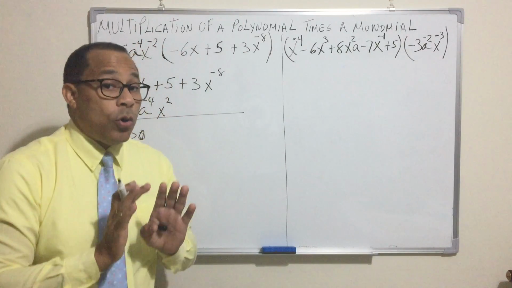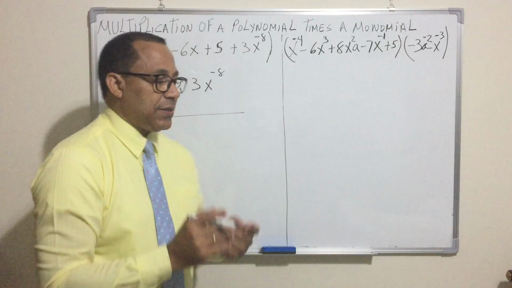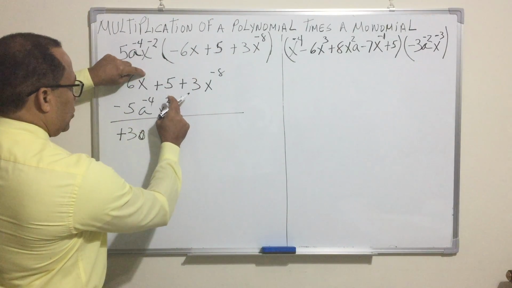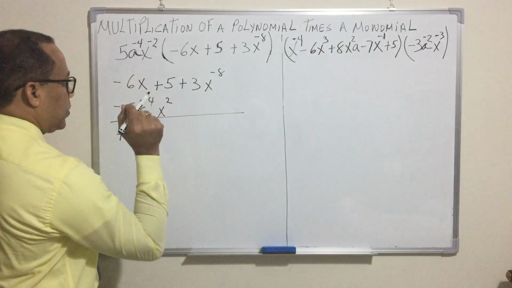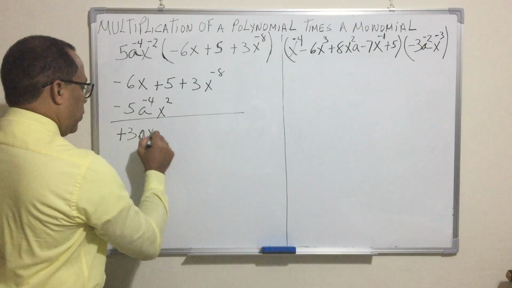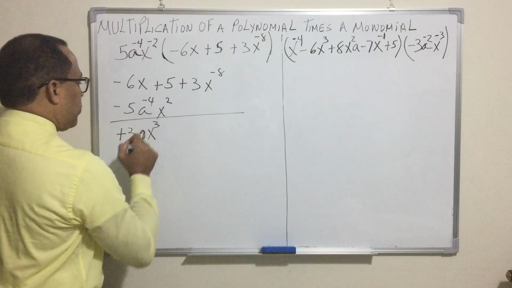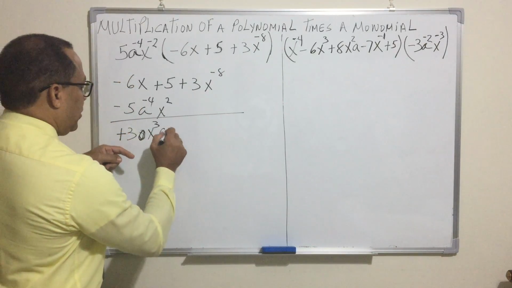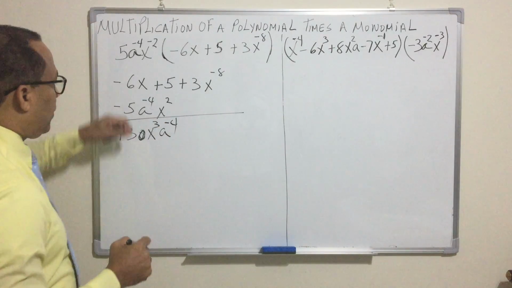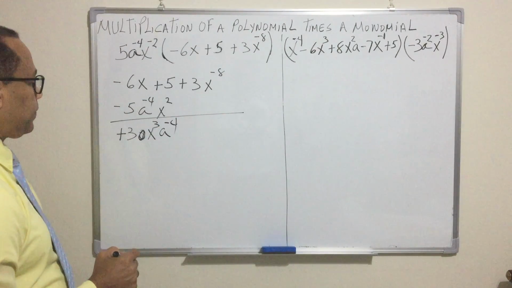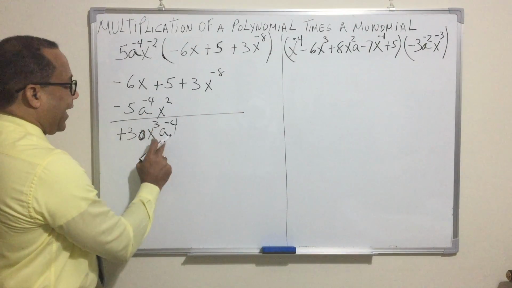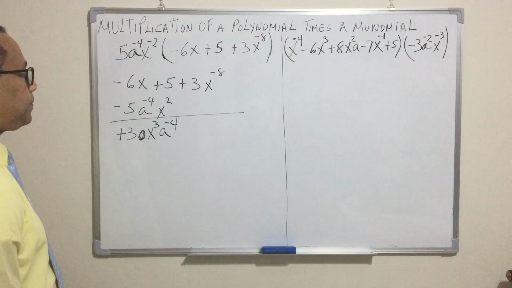You add them or subtract them depending on the signs. Take the x, 2 plus 1 equals 3. So x will be to the third power, and then I'll just bring down the a to the negative 4 because there's no a's up there. I got my first term, positive 30, x to the third, a to the negative 4.